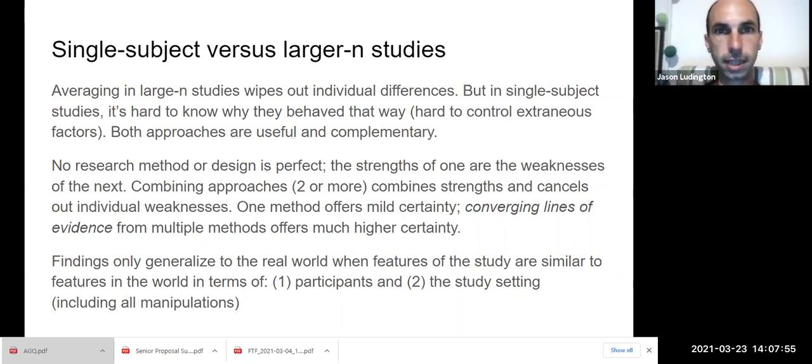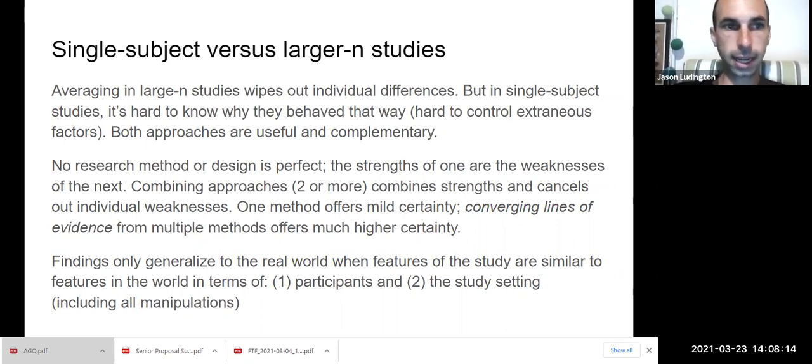The large N studies wipe out individual differences. The small n studies don't. No research method or design is perfect. The strengths of one are the weaknesses of the next. Combining approaches using small n and large N studies combines strengths and cancels out individual weaknesses.